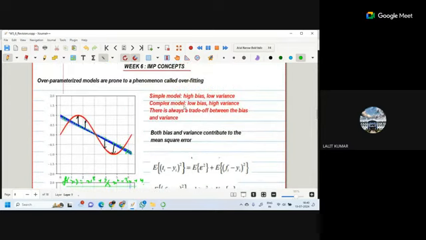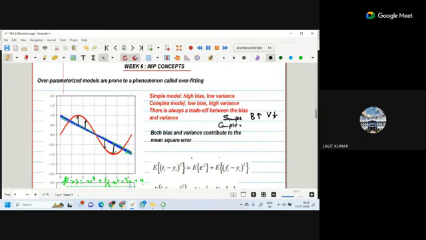You have to remember, from both an examination point of view and an understanding point of view, that for a simple model, bias is high and variance is low.